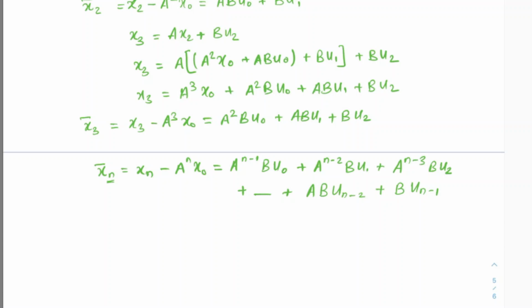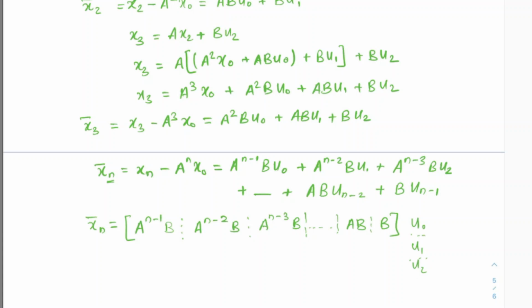If we write this in matrix form, A to the power n minus 1 B will be one column, then A to the power n minus 2 B, and so on to A B, and finally B. So this is a matrix whose columns are stacked one after the other, multiplying the vector u0, u1, u2, and so on up to u(n minus 1).